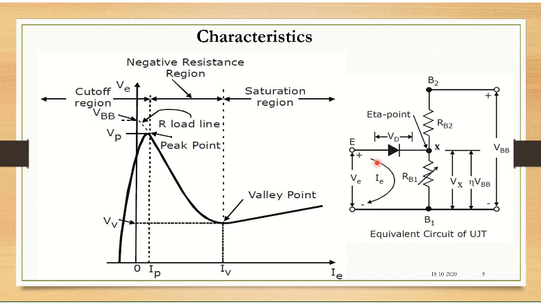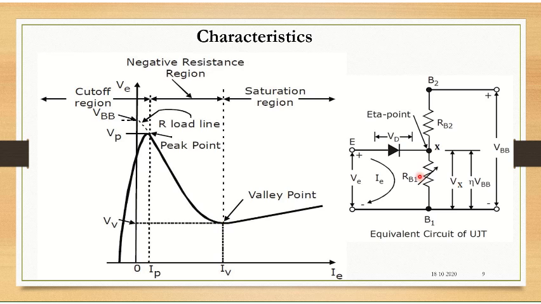As you can see from this point, after the resistance decreases and it reaches the valley point, valley voltage, the emitter current starts increasing. After this regenerative or snowballing process ends, the emitter current starts increasing. This is the region when RB1 will drop to 2 ohms to 25 ohms.